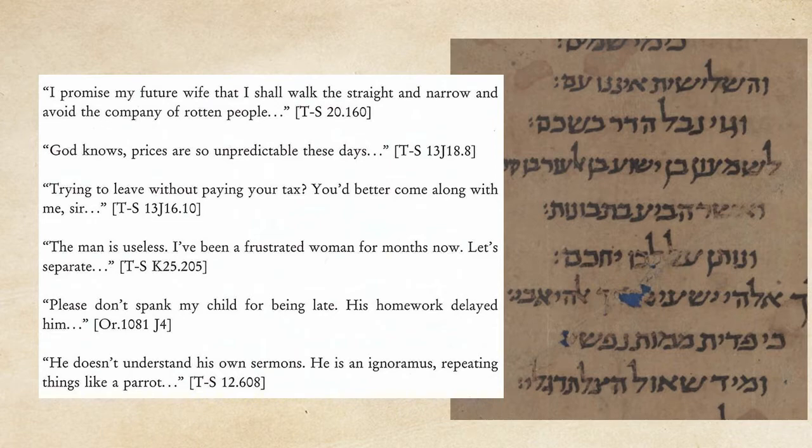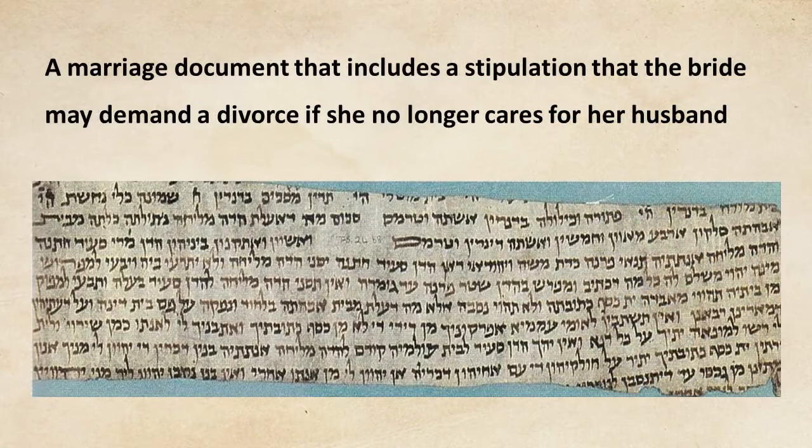All right, what is this? A marriage document that includes a stipulation that the bride may demand a divorce if she no longer cares for her husband. Yeah, as I said, in Jewish law, things have gradually standardized more and more.